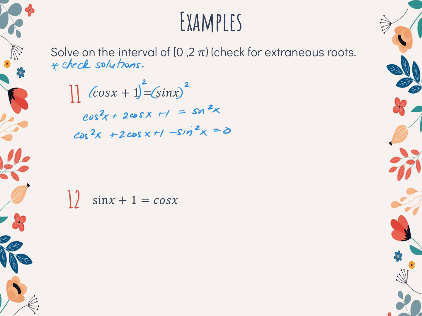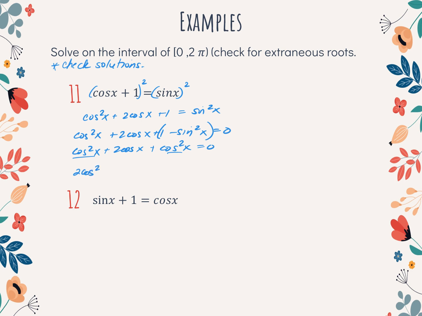So maybe what I want to do then is, I know that 1 minus sine squared x is cosine squared x. So cosine squared x plus 2 cosine of x plus cosine squared x equals 0. I'm going to combine my 2 cosine squareds here.